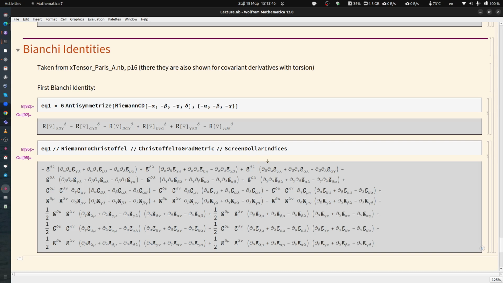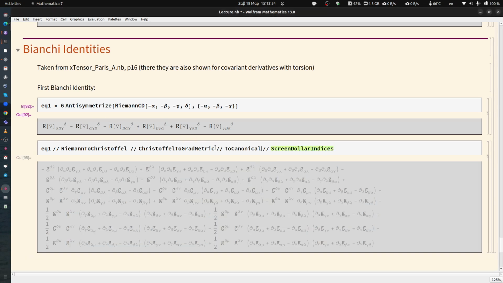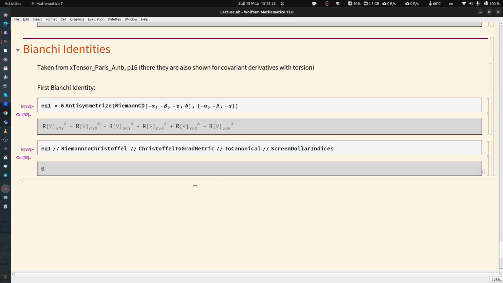That is a seemingly complicated expression, but if we canonicalize it, then this is equal to 0. So this is how we have been able to apply this symmetry in this expression here.